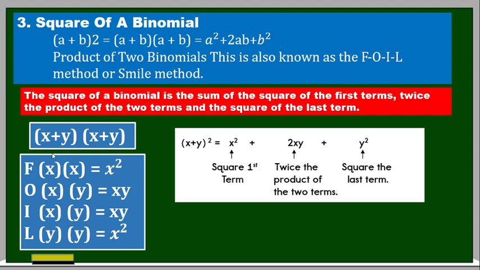And for the last term, you will have the square of the last. Our last term, or the second term, is y. You square y, so that gives y squared.